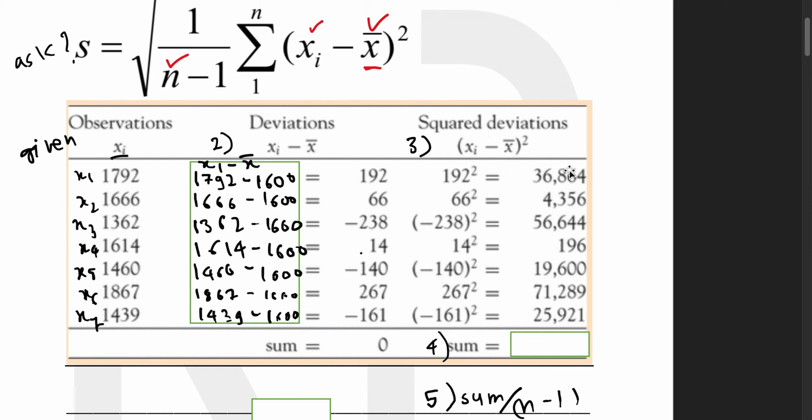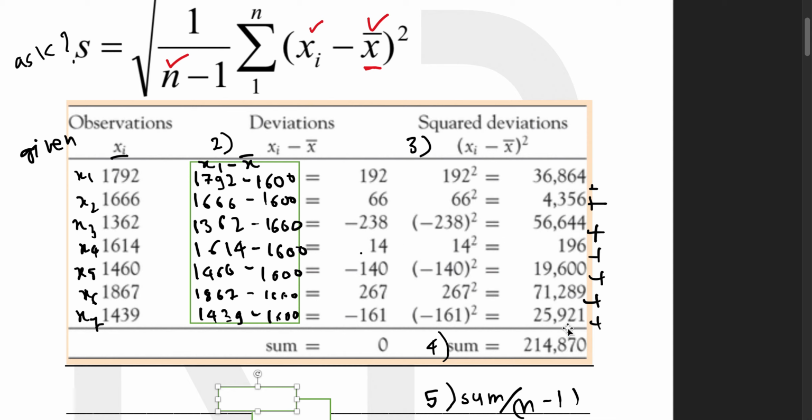So that means you got all these squared deviation values. Once you get these, just add them up to get the sum. That is what we need to do here as a summation. So add them up, and once you add them up you are going to get the answer 214,870, right?